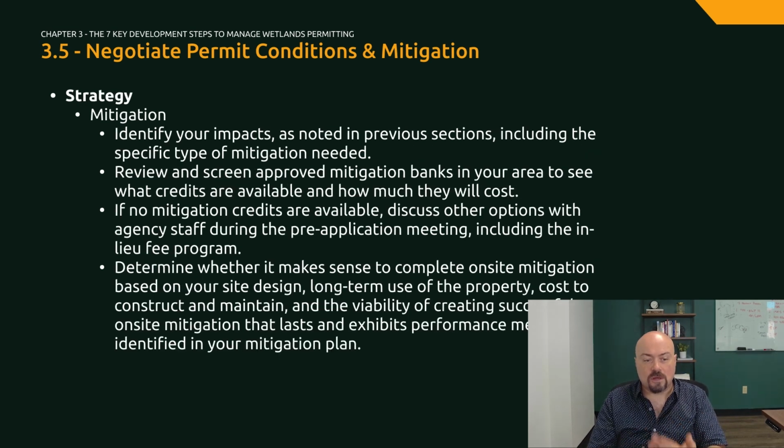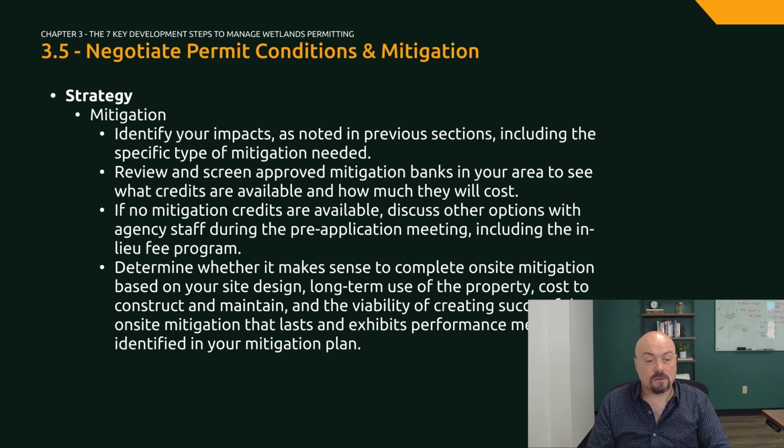Our recommended strategies for making sure that you end up with the best deal possible include making sure that you clearly identify your impacts as noted in previous sections, including the specific type of mitigation needed. Then review and screen approved mitigation banks in your area to see what credits are available and how much they will cost.